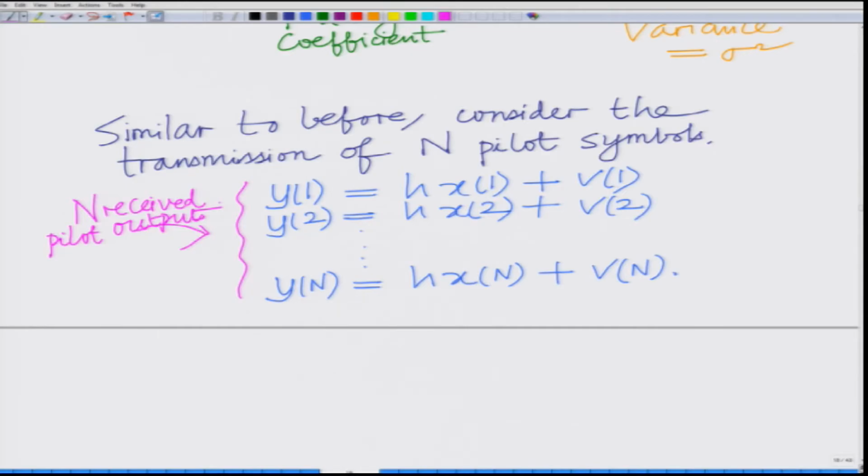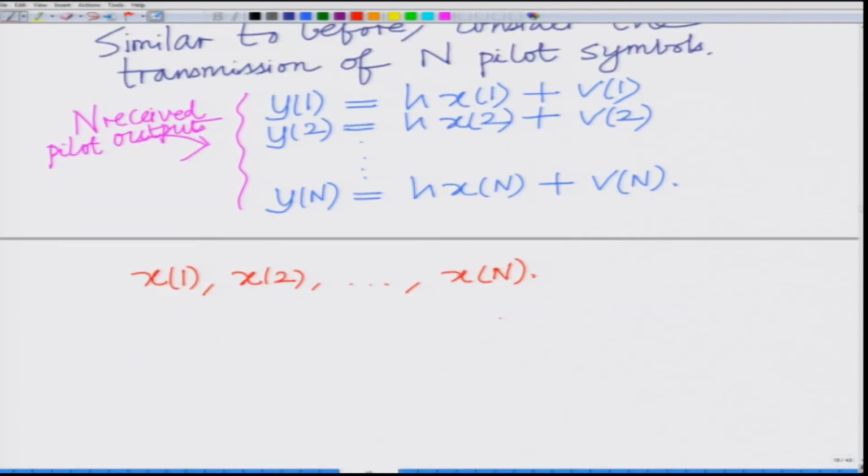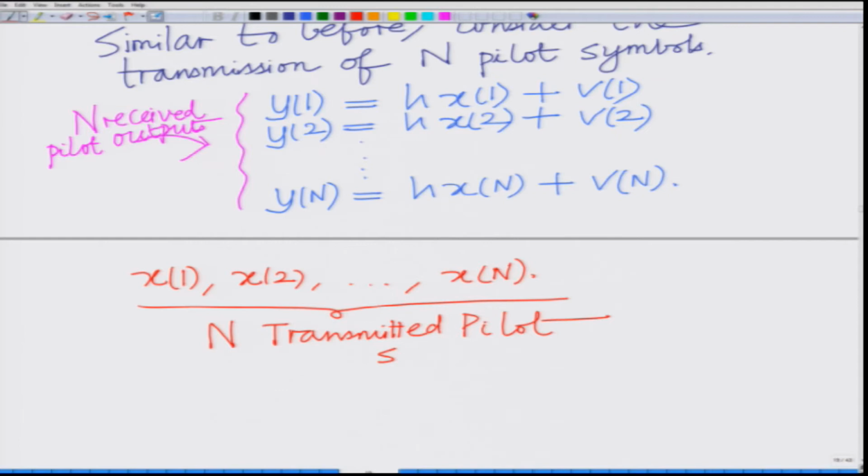X1, X2, Xn are the n transmitted pilot symbols.